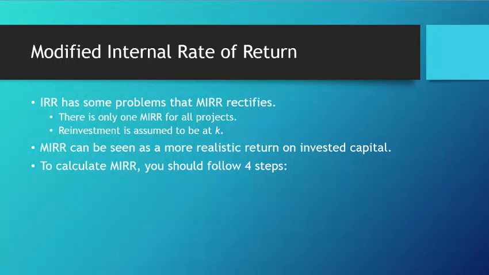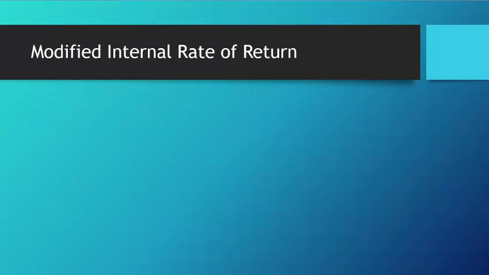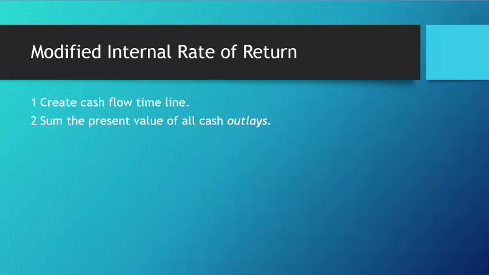So the steps that we're going to follow, if you don't have a calculator that does this, and some of the newer calculators actually do an MIRR for you, would look like this, and I want to go through them anyway just so you know what it's doing. First, create the cash flow timeline. Then we're going to sum the present value of all cash outlays.